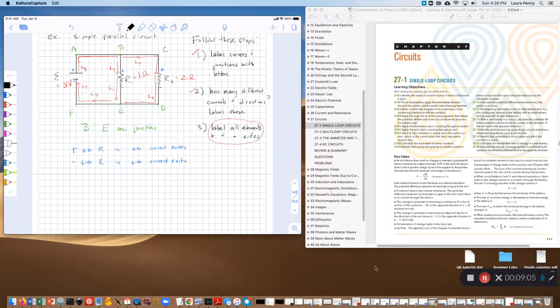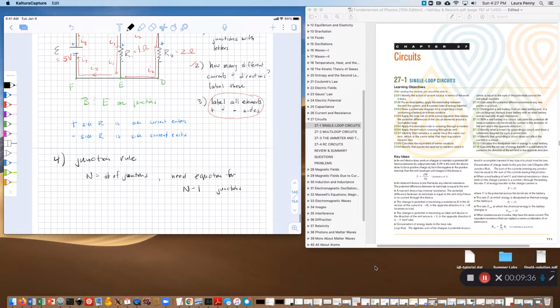So number 4, do a junction rule. And basically, if you've got however many junctions you have, you need an equation for n-1 junctions.